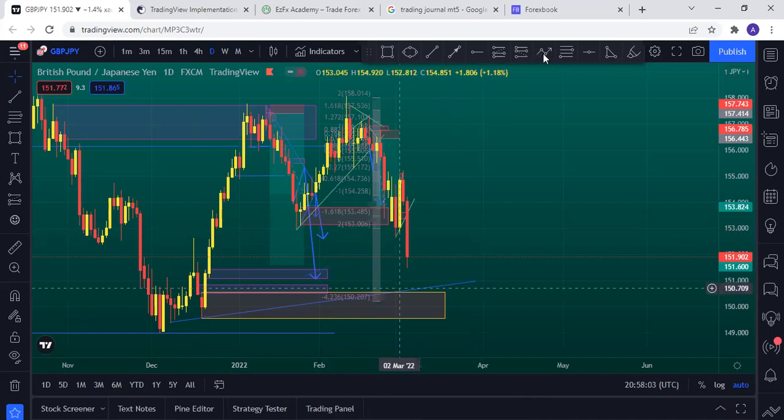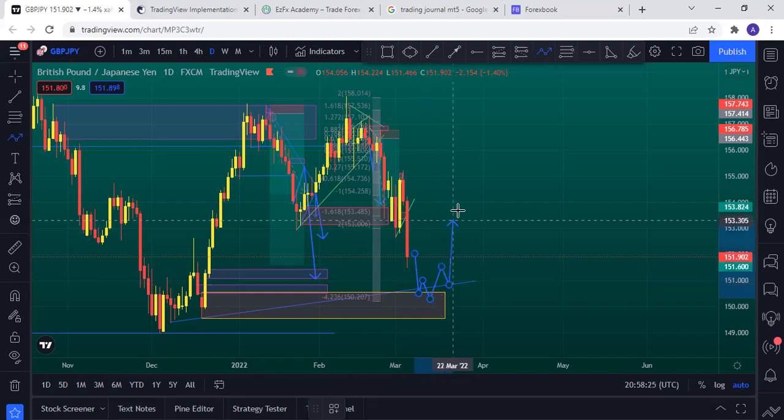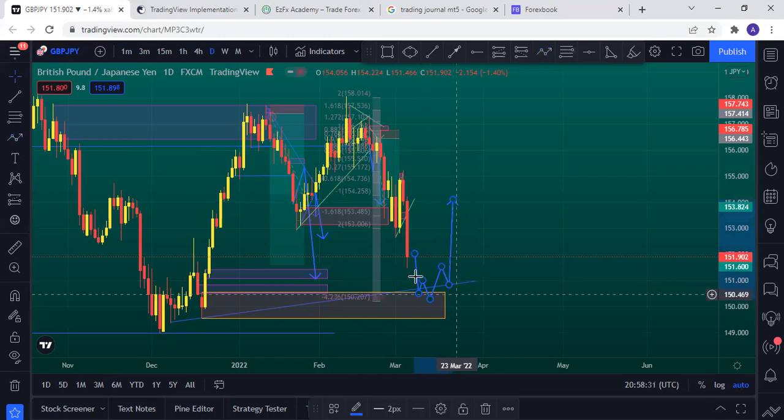What that means is that I'm expecting a minor drop into this area, maybe a little bit of consolidation around here, since we know that this is the daily time frame. So that would be my bias.